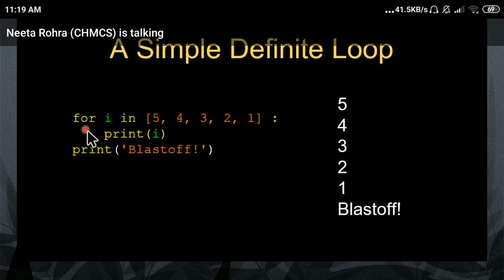A for loop internally has initialization and increment by default unless you want to change it. The default initialization of a for iteration variable, I in our case over here, is 0, and it always increments by 1. So this is a standard default for loop.